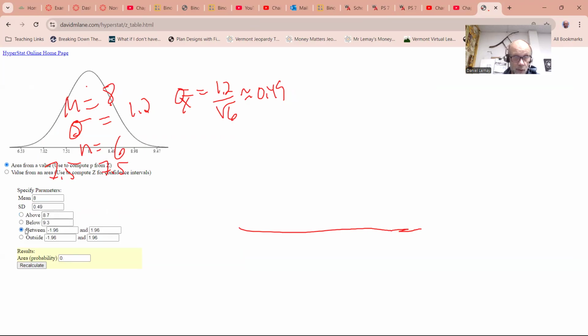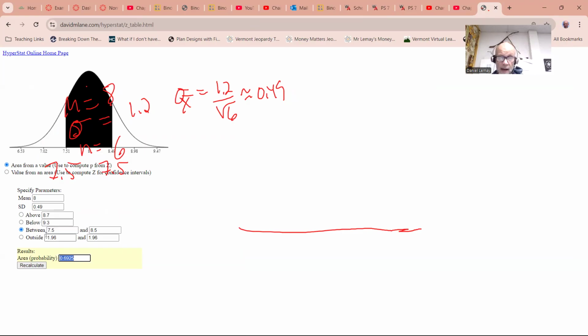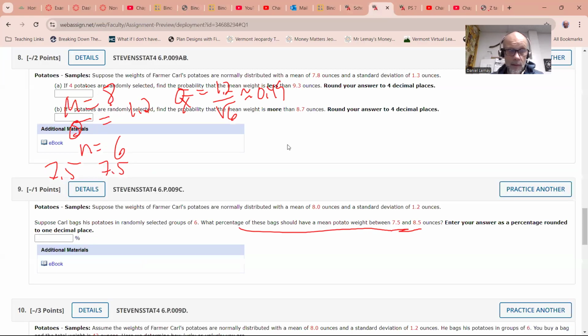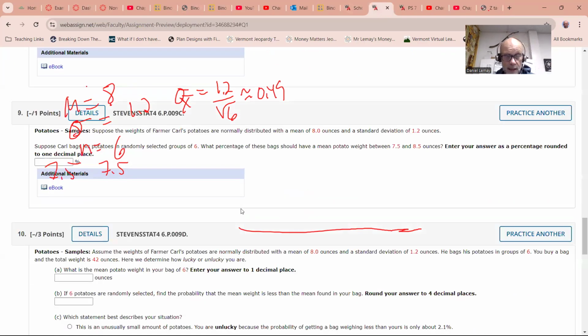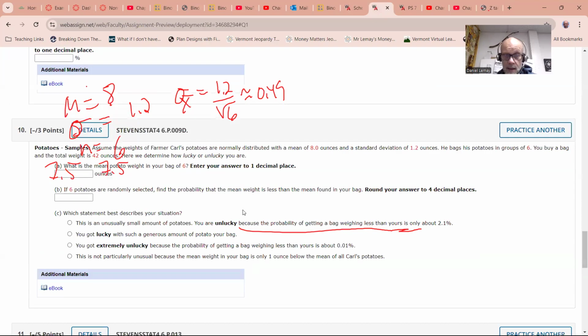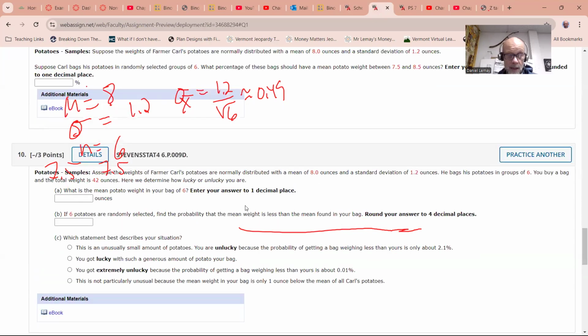And we want to know between 7.5 and 8.5. Of course, I wrote 7.5 twice. We'll double check before I do that. So that's the probability of a bag of 6 potatoes having a mean between 7.5 and 8.5 if the mean is actually 8. Okay. All righty then. So that was the one I just did.